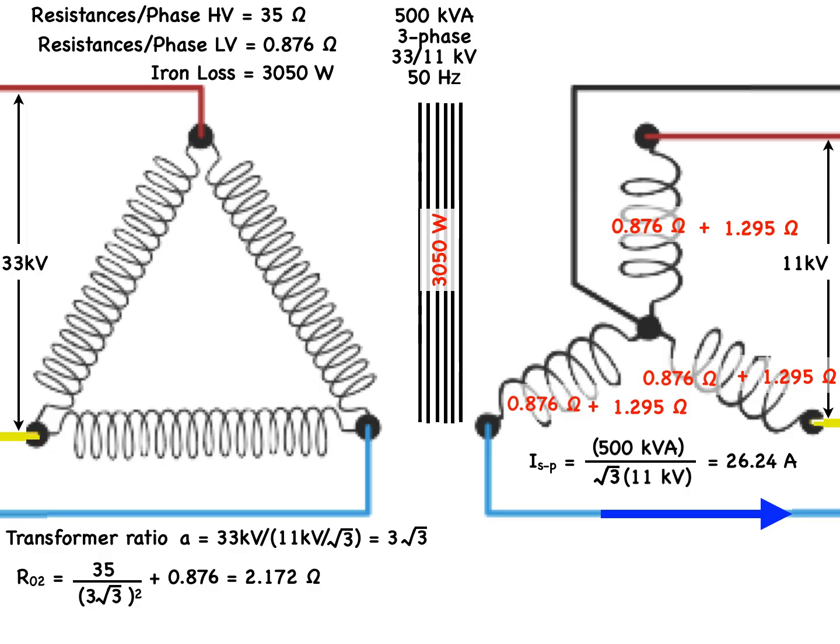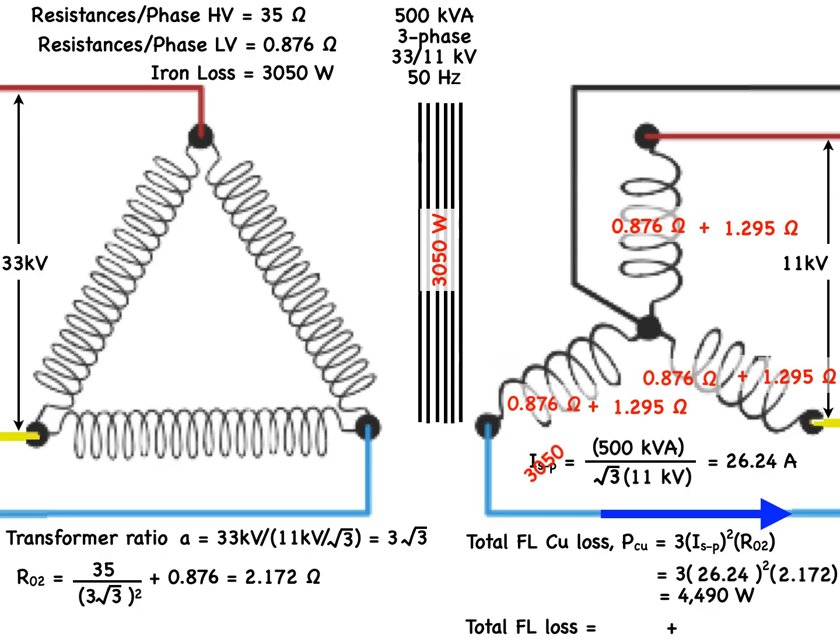The full load copper loss is equal to 3 times the secondary phase current squared times the total reflected secondary resistance, which is equal to 3 times 26.24 squared times 2.172, which equals 4,490 watts. Since the iron core loss is 3,050 watts, the total full load loss is equal to 3,050 plus 4,490 for a total of 7,540 watts.